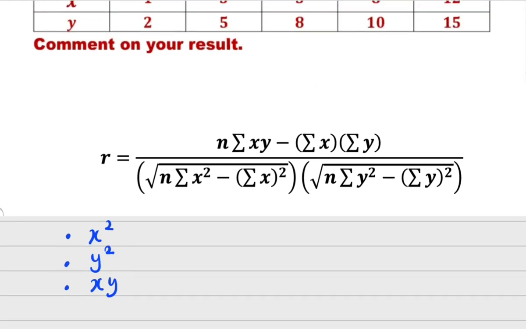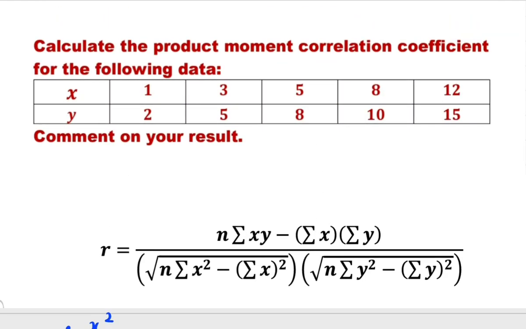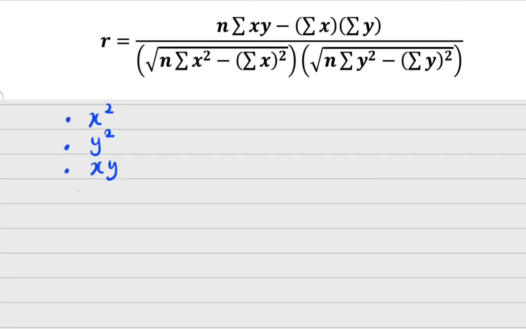We've already been given x and y from the question. So this is exactly what we need to get. Then, in the formula, I'm going to show you what n is when I'm about to substitute to actually find the answer.